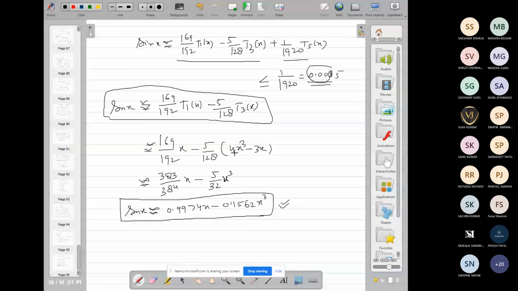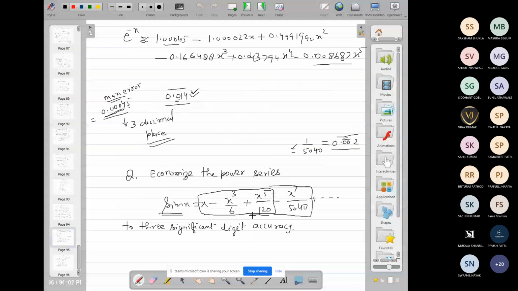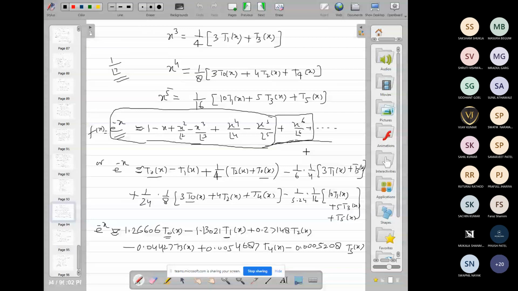But in Taylor series, if we want to calculate sin x correct up to 3 decimal place, we need to store this formula. For 4 decimal place, then we need to calculate from the beginning. So you see in Taylor series expansion, to obtain the value correct up to 3 decimal place, how many terms do we require? Up to x to power 7, that is 4 terms.